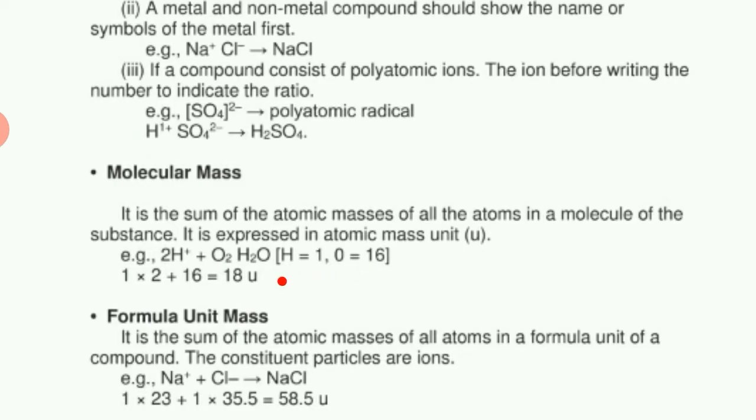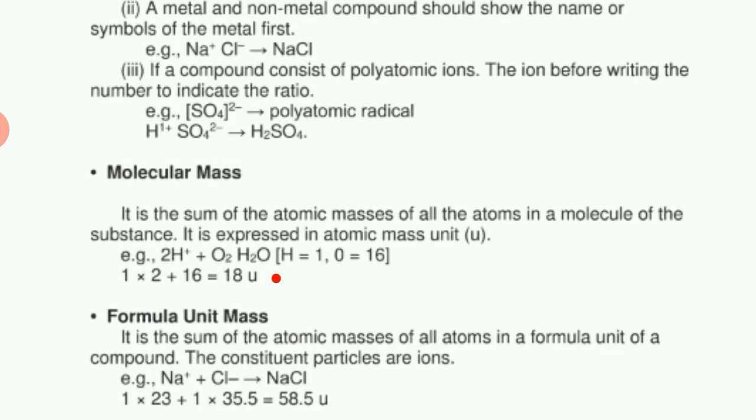To calculate the molecular mass of H2O, we have 2 H, so 1 into 2, plus 1 O, so 16 into 1, and the molecular mass of water is 18 u. In this way we can calculate the molecular mass of other compounds also.